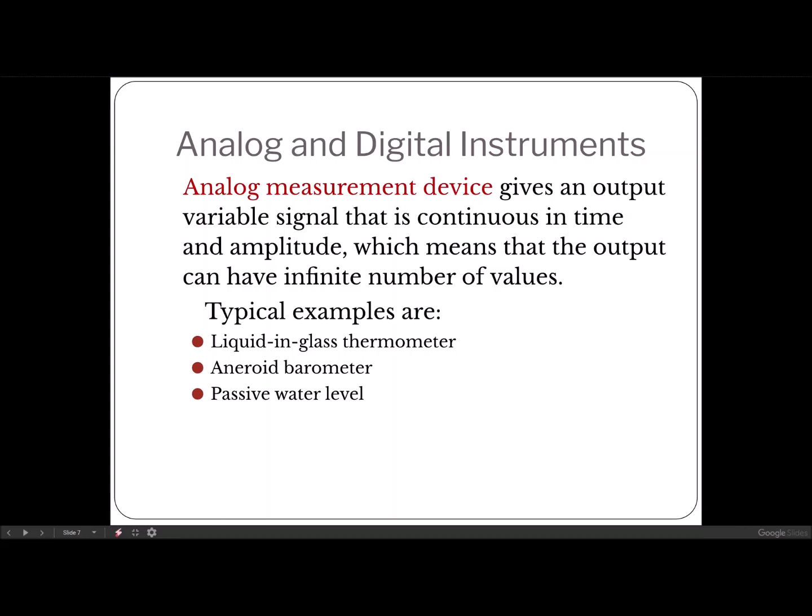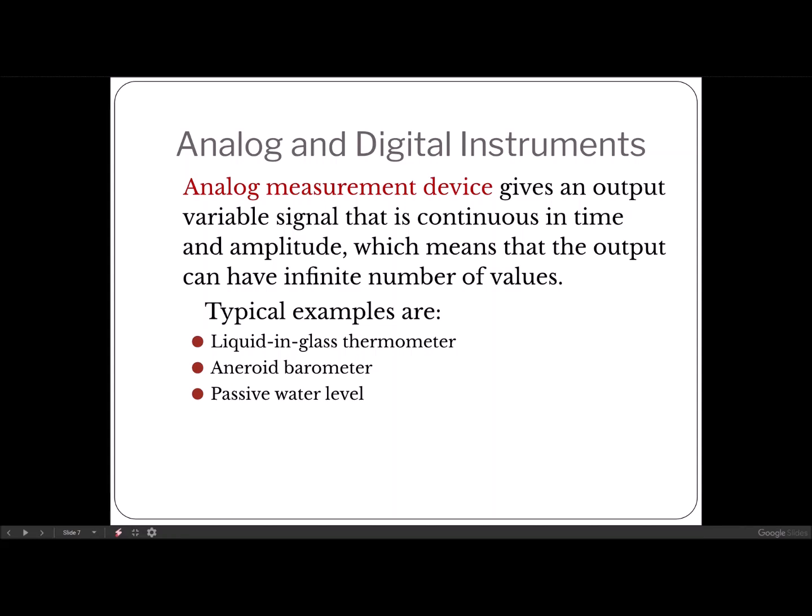Between two scale marks, you can see the level of the mercury can vary in a continuous way, right? So there is no discrete measurement in that. There is no discrete value in that.